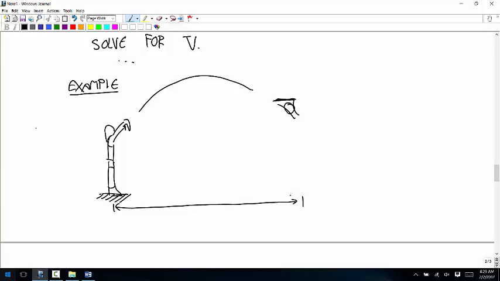The horizontal distance from the free throw line to the basket is 4.572 meters. Anybody know how high the basket is? 10 feet. And in meters, that is 3.048 meters.